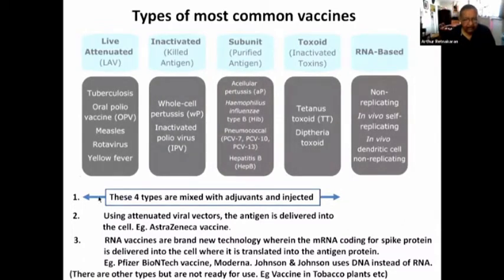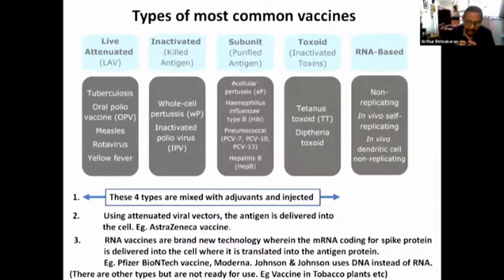Now, these are the common types, the first four types that are being used. And the second is using attenuated viral vectors. Here what they do is, you take a virus and then you engineer the virus so that it doesn't work as a disease-causing virus, but it's just a virus that enters a cell. We call this a viral vector.